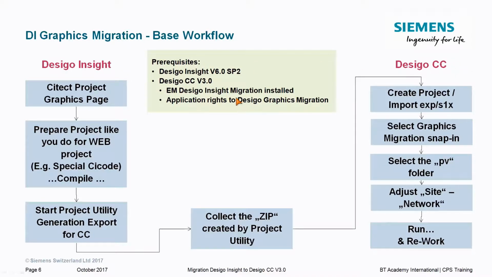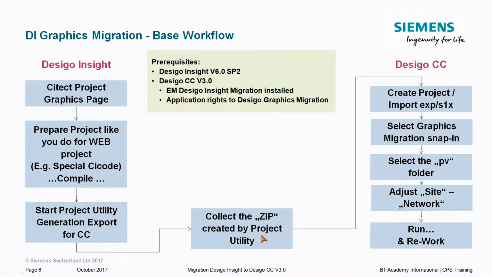The prerequisites are Desigo Inside version 6.0 Service Pack 2. Why Service Pack 2? Because the project utility of this Service Pack 2 has the feature to export Desigo Inside data into a zip format, okay?